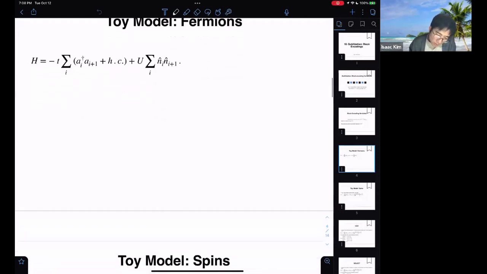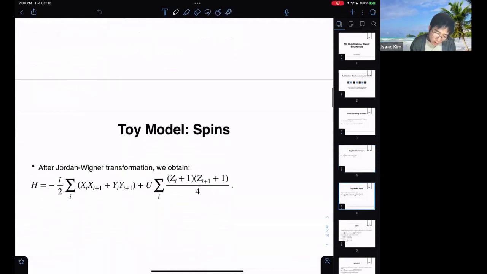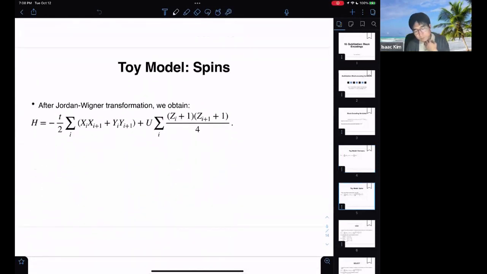And in this business, you usually map these fermions into quantum spin Hamiltonians, either using Jordan-Wigner transformation or some other more sophisticated transformations. So after you do that, you get a new Hamiltonian, which is nicely locally interacting in this 1D Hamiltonian.